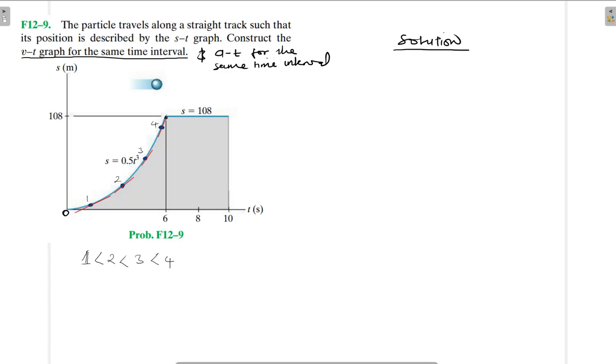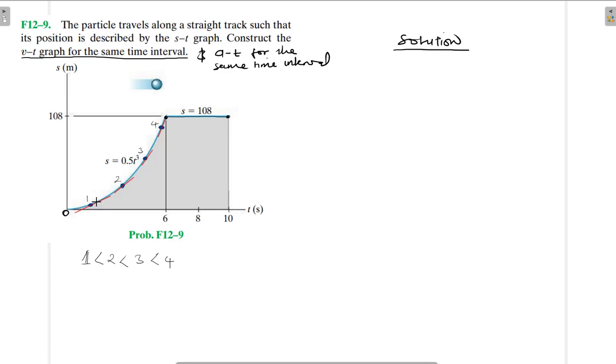Then from 6 seconds onwards, we have a constant position, S equal to 108. What do you think it means? The particle in this time interval from 6 to 10 is not moving because we do not have any velocity.